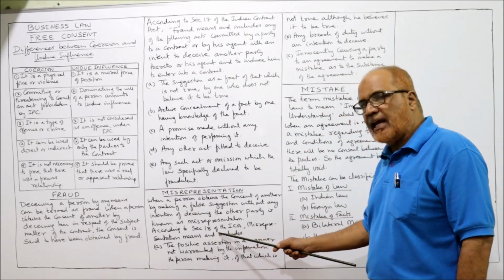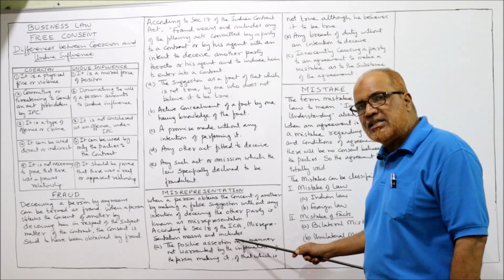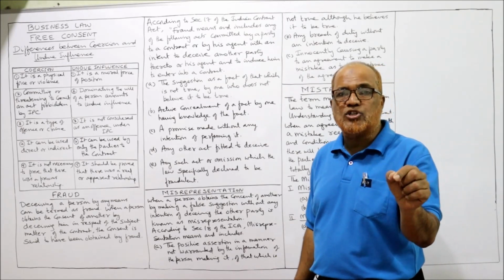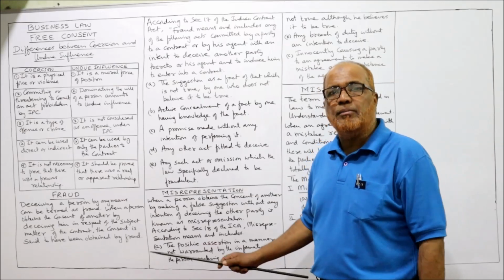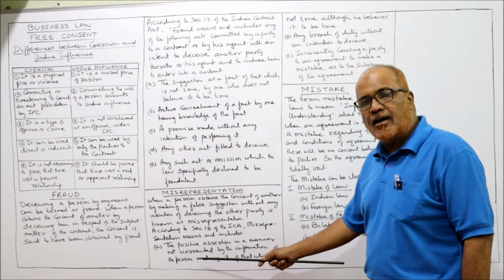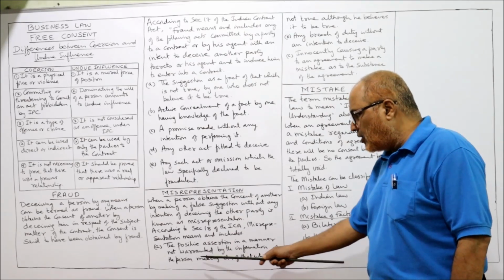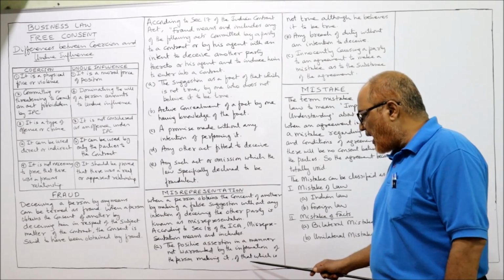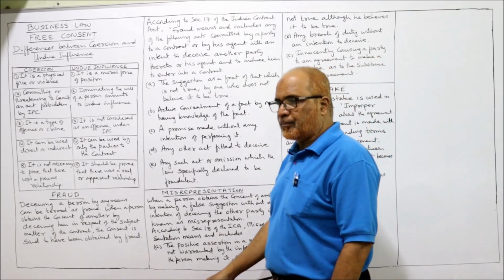According to Section 18 of the Indian Contract Act, misrepresentation means and includes, again an inclusive definition, not only this, a number of other acts will also come under misrepresentation. So what are the acts? The positive assertion, in a manner not warranted by the information of the person making it, of that which is not true, although he believes it to be true.